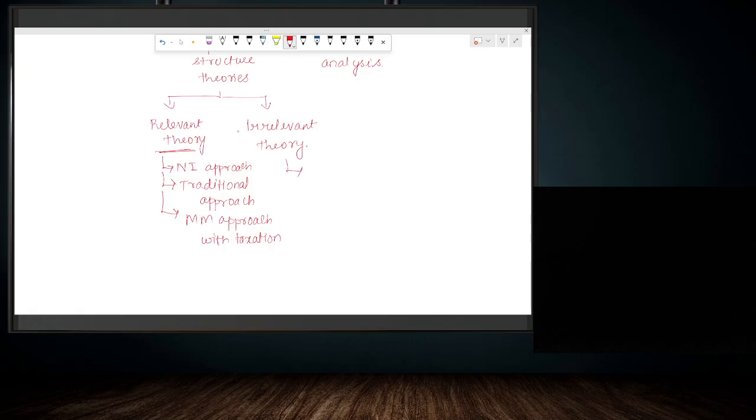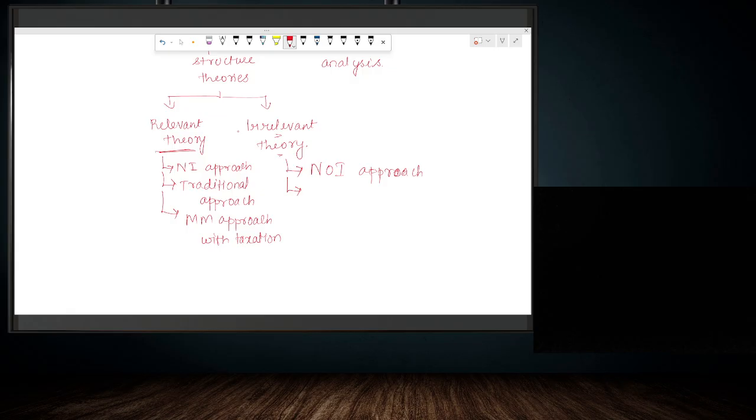Under irrelevant theory we have two major theories. One is the net operating income approach, and then we have the MM approach. Sorry, this is MM approach without taxation. See, what is relevant theory and what is irrelevant theory, I will explain.